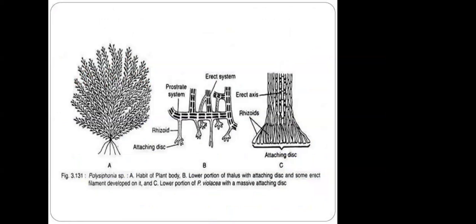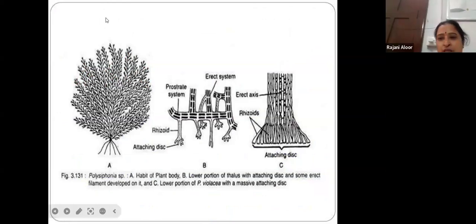So the plant body is heterotrichous, no? Heterotrichous means two types of systems are there. One is the prostrate system, another is the erect system. You can observe here the prostrate system is there, no? This prostrate system may be multi-axial, well developed from the lower side. In this prostrate system, many unicellular rhizoids are developed.